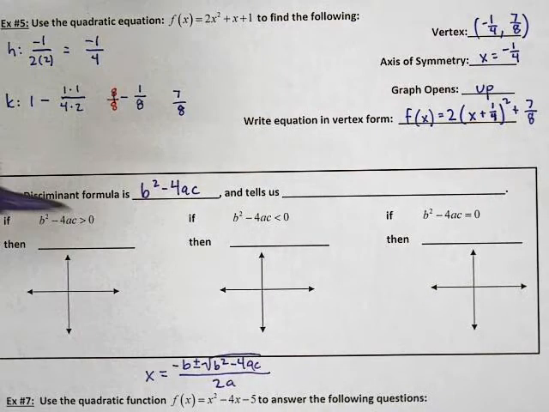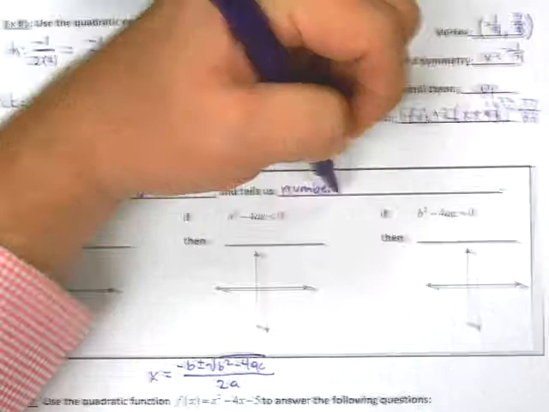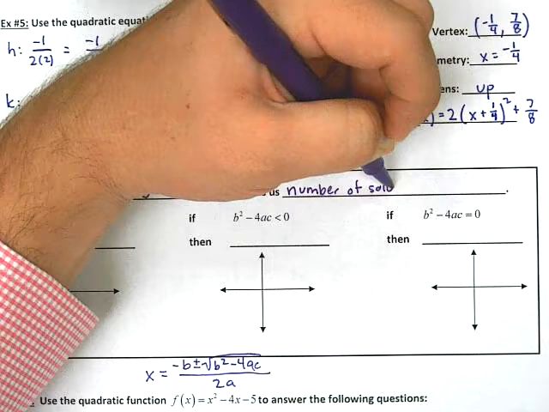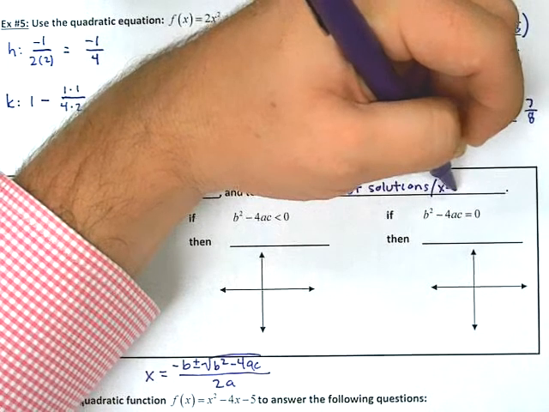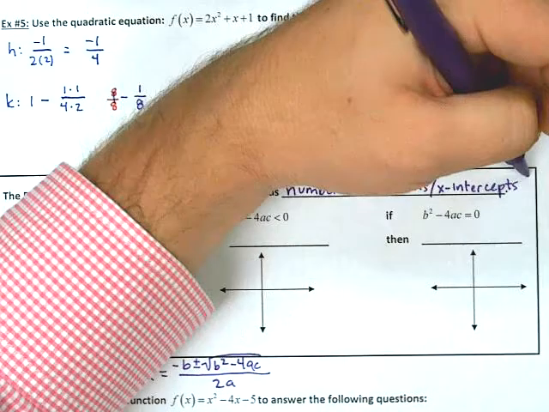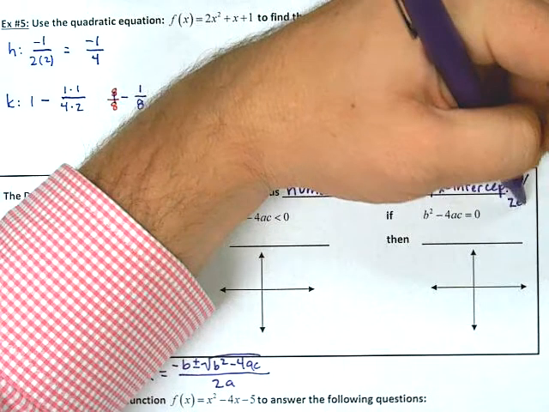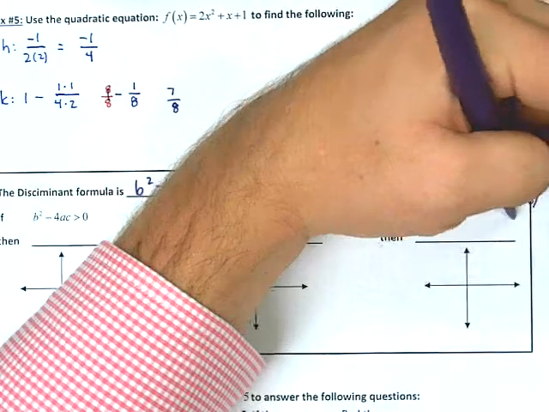And what it does is it tells us the number of solutions. What's another word for solutions? X-intercepts. What's another word for x-intercepts? Zeros. What's another word for zeros? Roots.